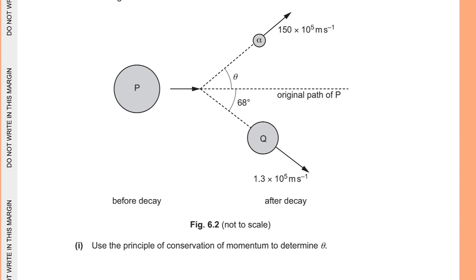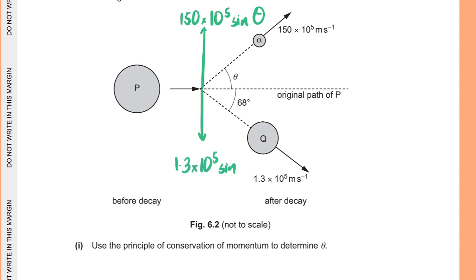Previously there is no vertical velocity, so afterwards there must be no net vertical momentum either. So the momentum of this must also be the momentum of this vertically. This one is going to be 150 × 10^5 sin theta. This is just the velocity. And this one would be 1.3 × 10^5 sin 68. But then there will also obviously be the masses.